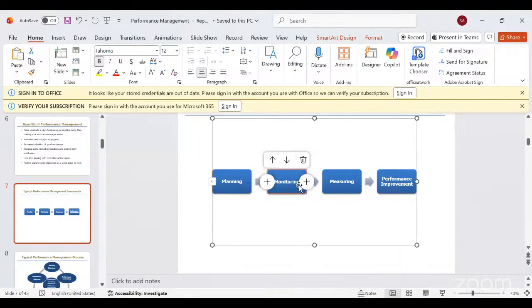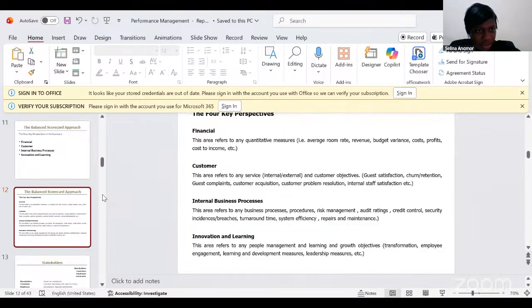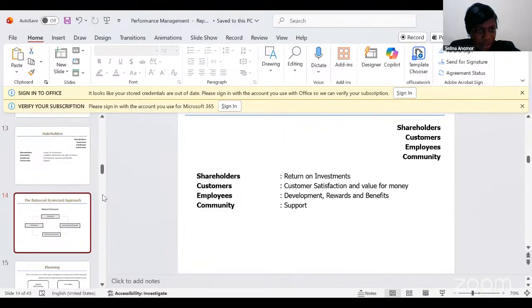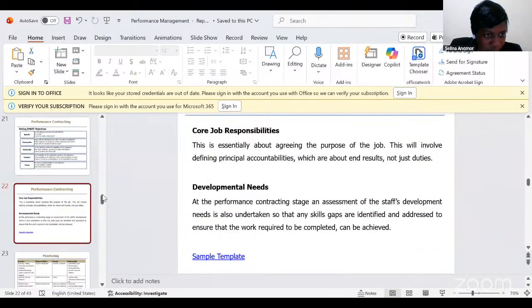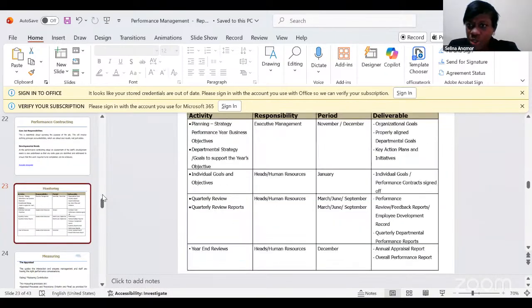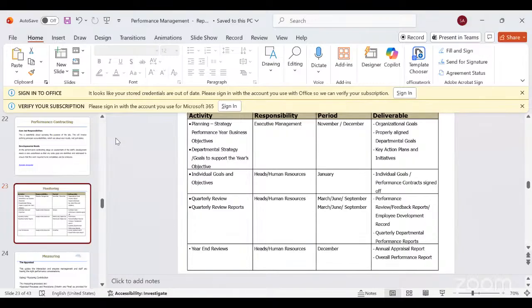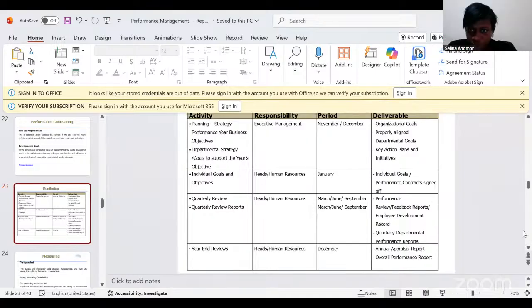Let me quickly share with you the monitoring schedule. I don't know if you see it on your screens, but this is a schedule that most HR directors use to ensure that the performance management system is being adhered to.